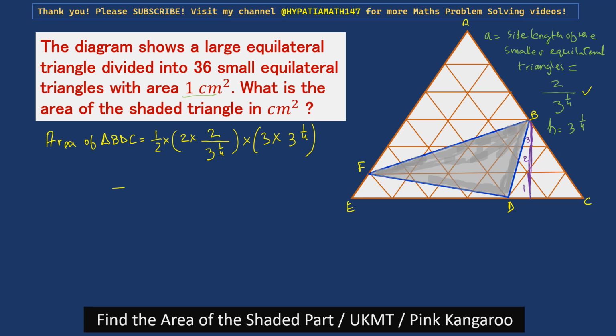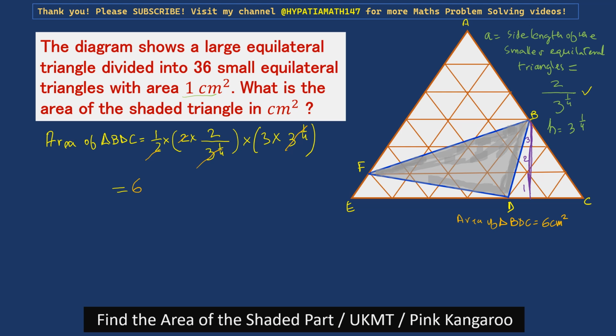Now notice that this 3 to the power 1 out of 4 would cancel out. The 2 and 2 cancel out, and I'm left with 6. So I can say that the area of triangle BDC equals 6 centimeters square.